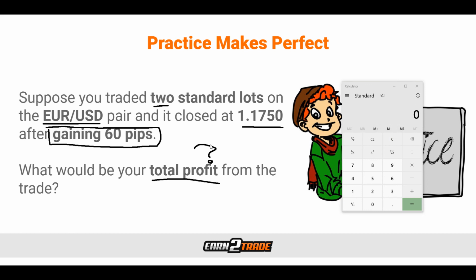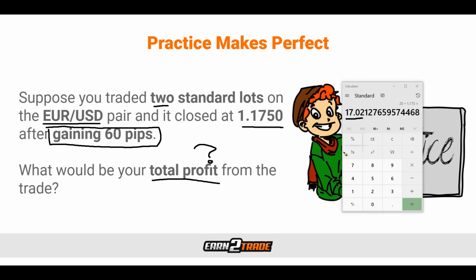So remember that the pip value is equal to the decimal place pip times the trade size divided by the exchange rate. So the pip value is 0.0001 times 2 times 100,000, remember the 2 represents the 2 lots, all divided by 1.1750, that's equal to 17.02 in regards to euros.